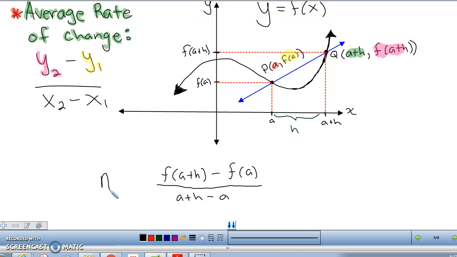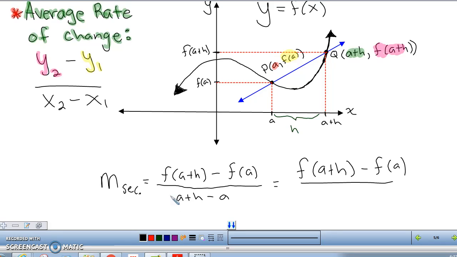Okay, so here's the slope of the secant. The slope of the secant line is this, which is just f of a plus h minus f of a over, well, those cancel out. We just have h here. Okay, but this is the formula for the slope of a secant line.